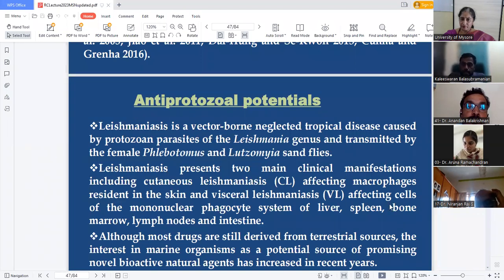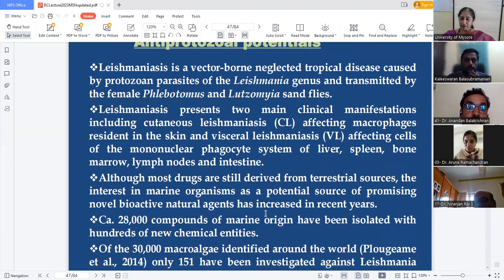One application of these seaweeds is their antiprotozoal potential. There are many protozoal diseases, such as those transmitted by sandflies and tsetse flies, and caused by the protozoan parasite Leishmania species. Each one exhibits different kinds of symptoms.